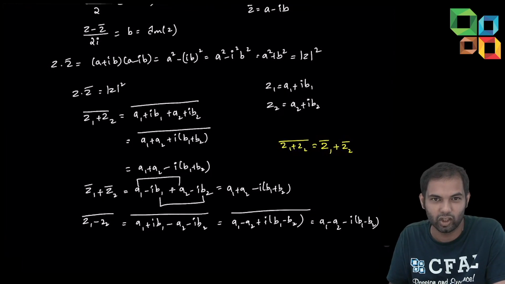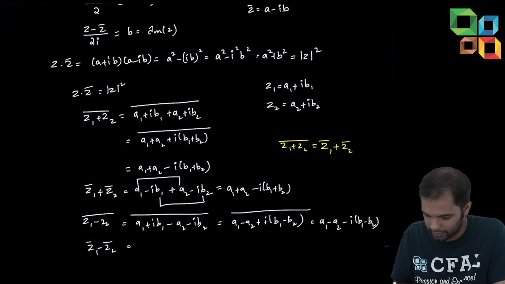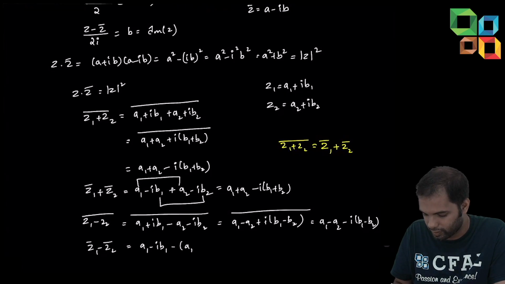Again, we can directly take the conjugate and try. So if I directly take the conjugate, z1 bar minus z2 bar, this is a1 minus ib1, negative of a2 minus ib2.